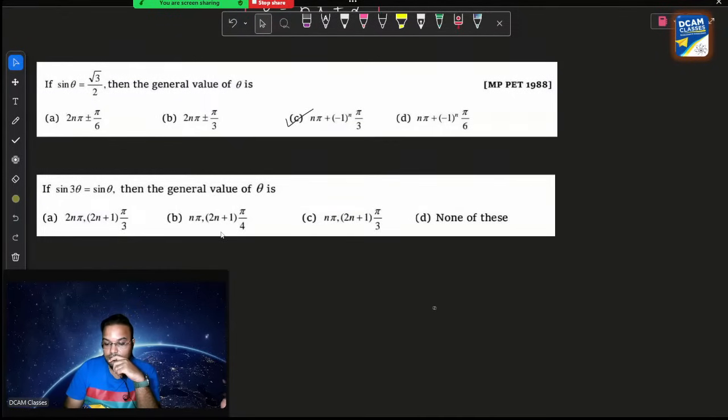Sir, we'll get 1 by root 2, means theta will be 45 and this will be 135. Not like that. You have to find all the general solutions. It's not only one value you'll get, because after 2 pi intervals or pi intervals you'll get the same value repeated. So you have to show all those values.